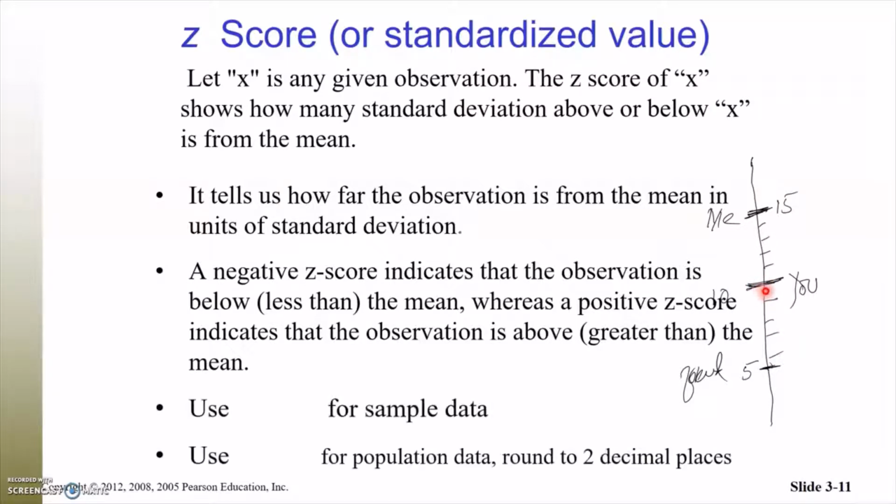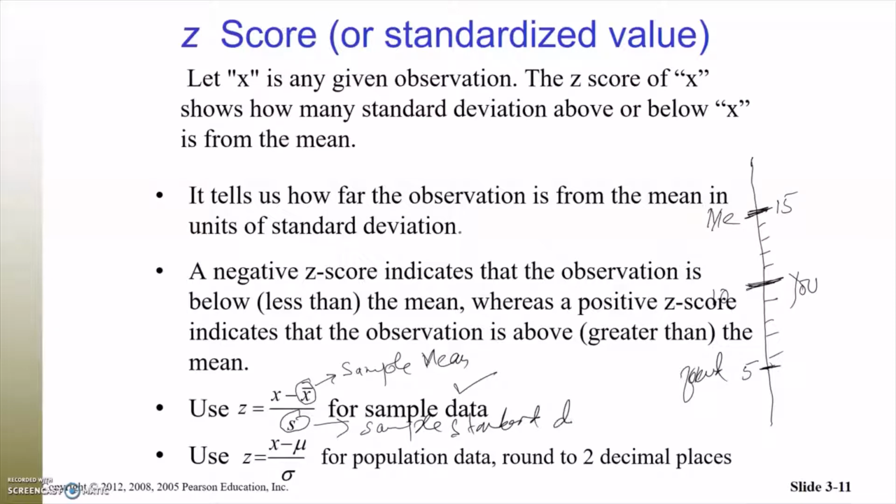The next question that comes to mind is how we compute the z-score. It's very easy. If you're dealing with sample data, this is the formula: z equals the value minus the mean, divided by the standard deviation, z = (x - x̄)/s. Here x̄ is the sample mean and s is the sample standard deviation.